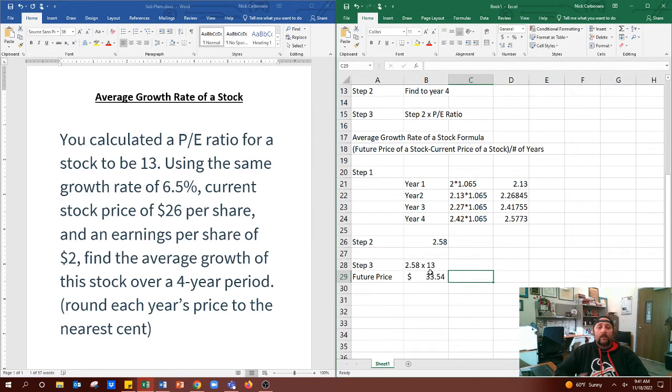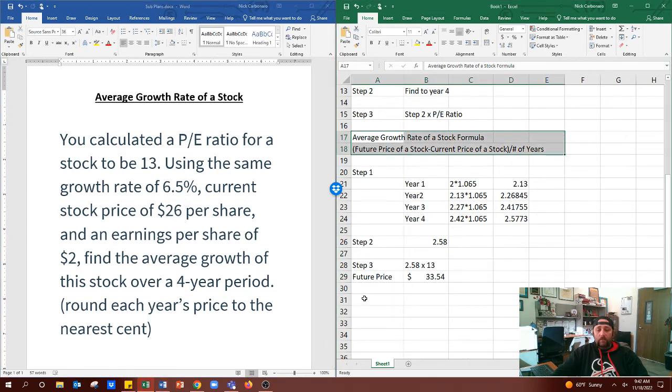So now what? Now we plug it into this average growth rate of a stock formula, and we see here it says future price of a stock, which is right here, 33.54, minus the current price of the stock. Well, where's the current price of the stock, you may ask? It's right here in the example, $26 per share. And divided by the number of years. So do we know the number of years? Yep, 4 years.